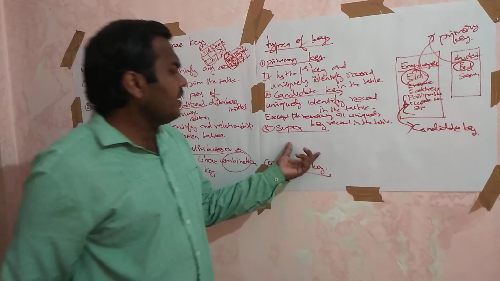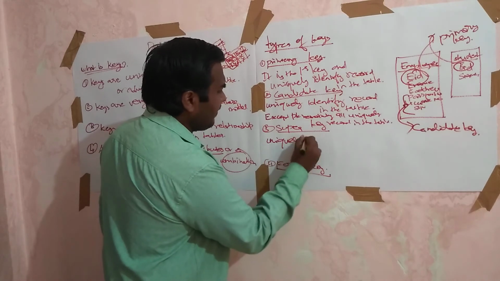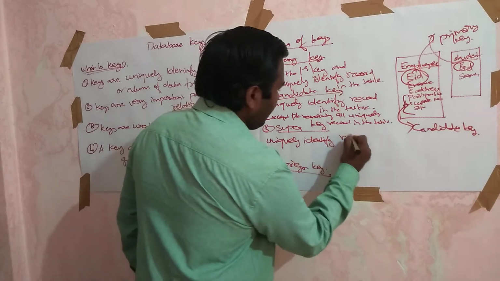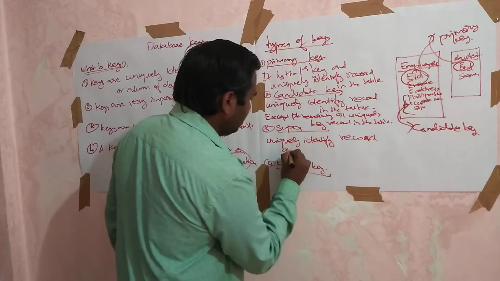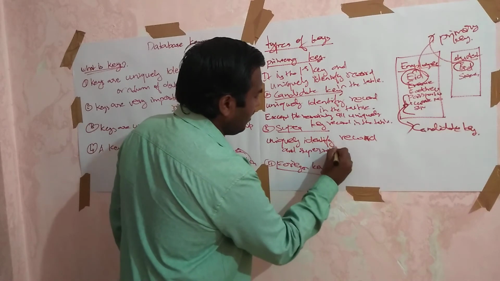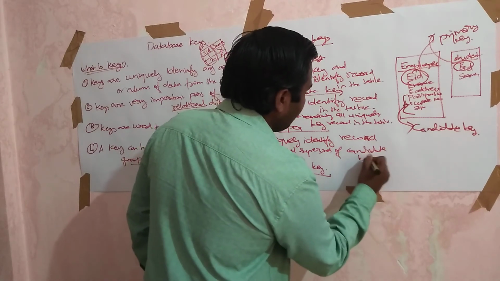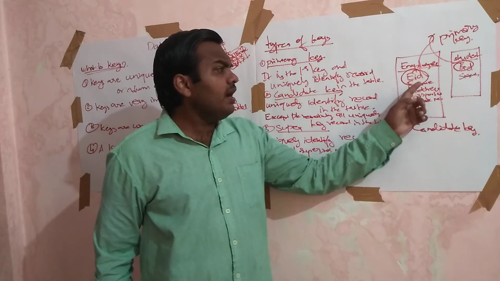Next, super key. It uniquely identifies a record, and it is a superset of a candidate key. For example, in the employee table we have employee ID and employee name.